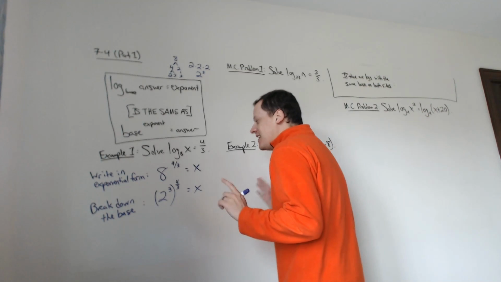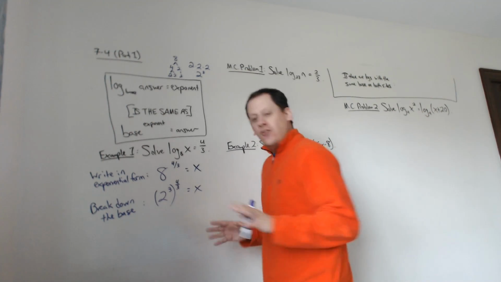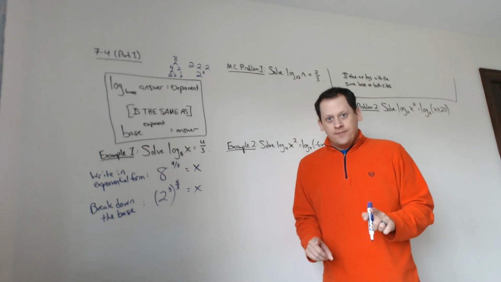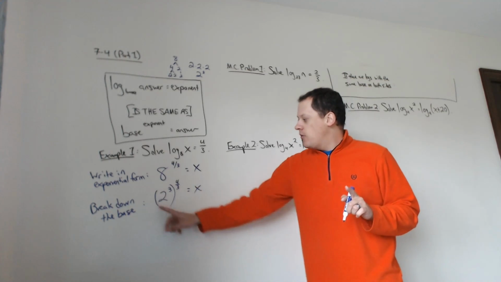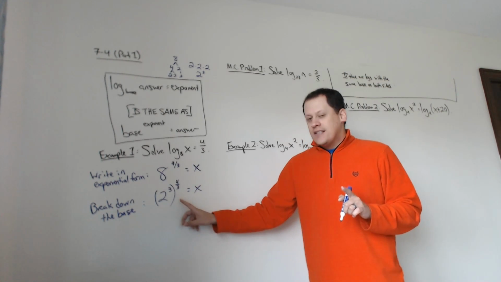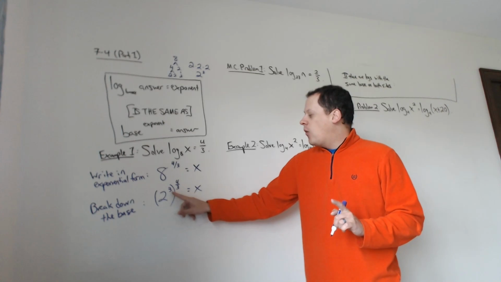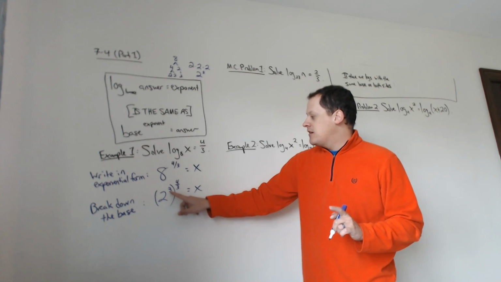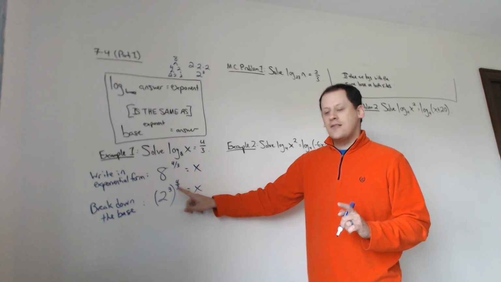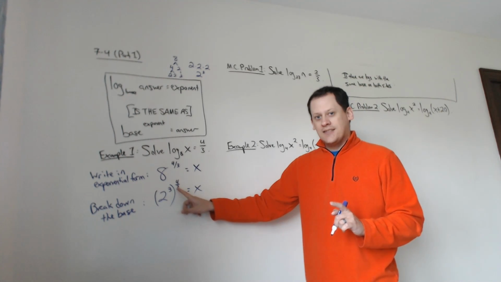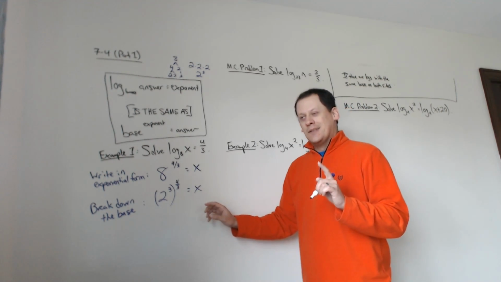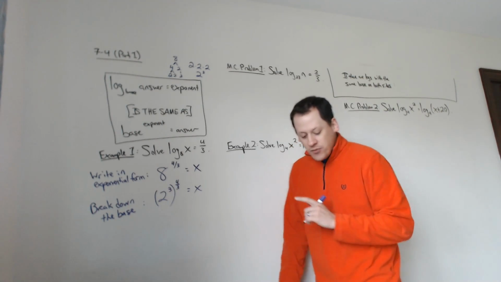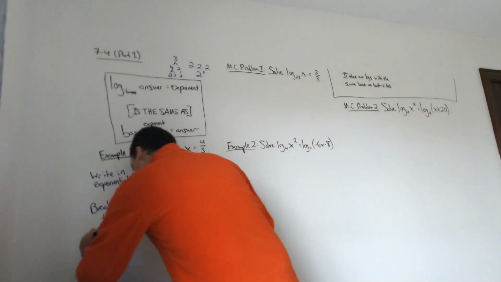Okay. So, it might look like we just made this more complicated. But figuring out what this is now requires you to remember, what do we do with these two exponents? If we have something with a power raised to a power, we do what with the exponents? Multiply. We're going to multiply those exponents.